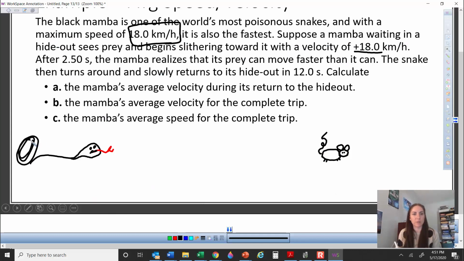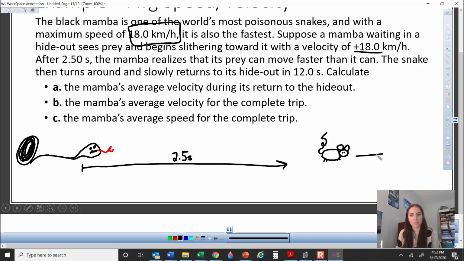His hideout is here. He begins to slither towards it at 18 meters per second. After 2.5 seconds, he realizes it can move faster and then returns. So it doesn't tell us how far it's gone, right? So basically all we know is that it goes forward, and it says that it does this for 2.5 seconds.